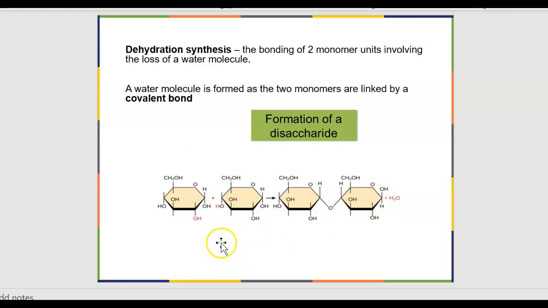Water is removed, and so our water molecule gets kicked out in order to form this bond. And here at the very end, if you could see it, it's kind of small, is the H2O. So that shows that where the water ends up is one of the products: this disaccharide plus one molecule of water.